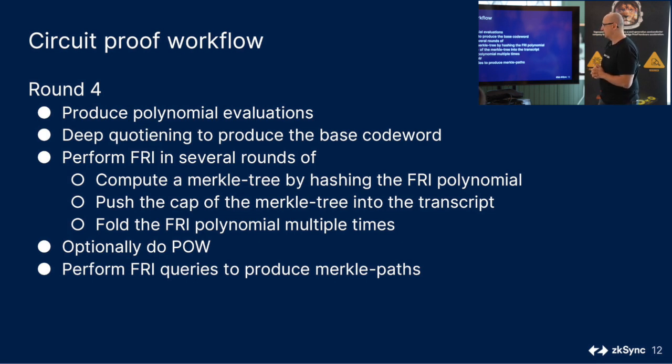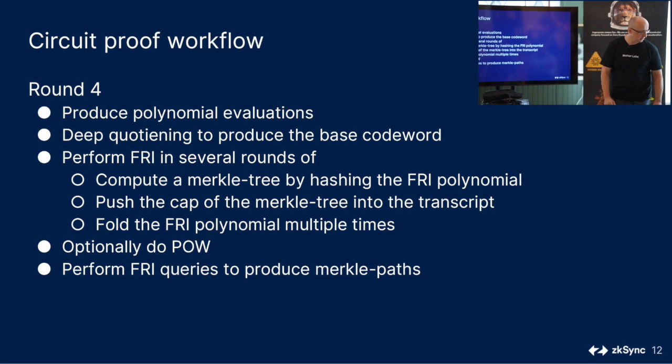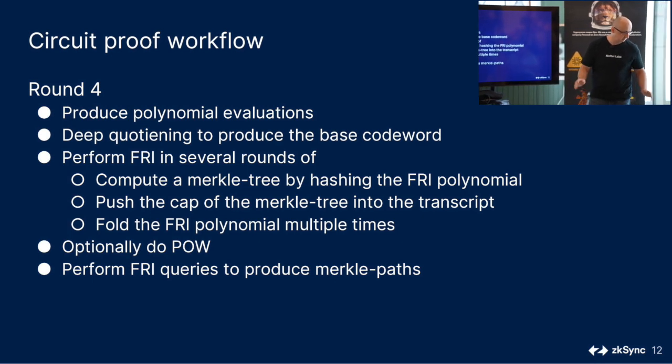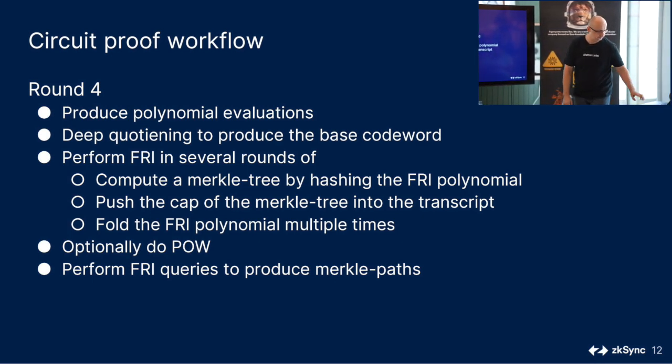And the last step is just to perform queries, basically selecting certain rows from the polynomials and producing Merkle paths. That's the last thing we produce for the verifier, and that's the whole proof.